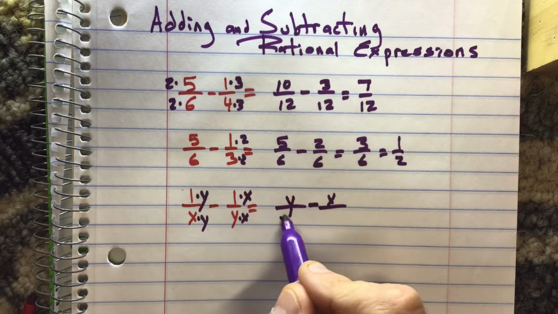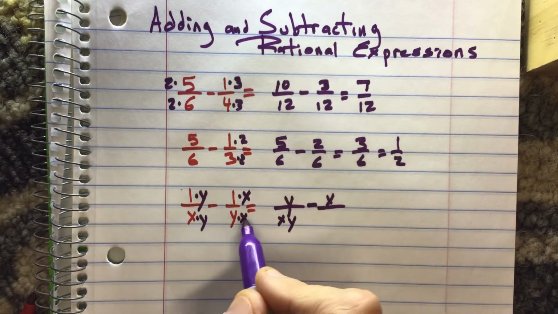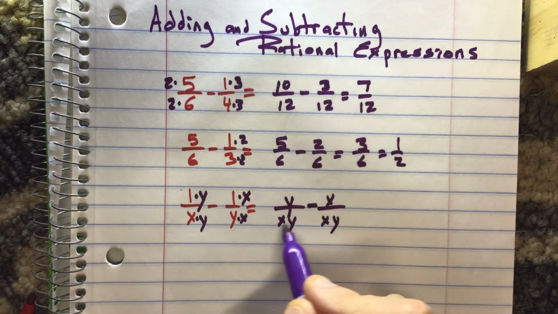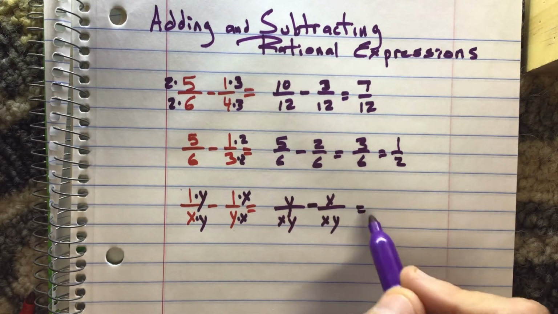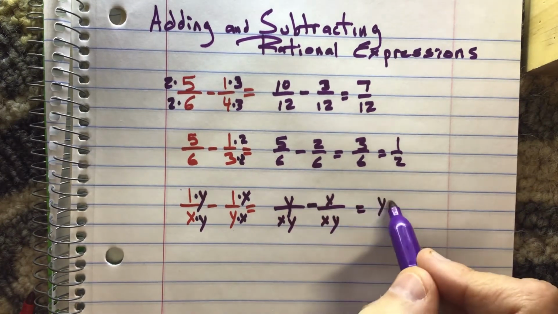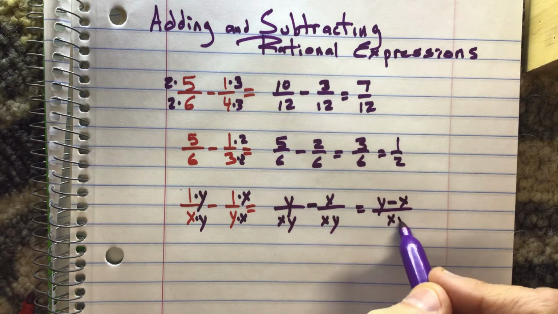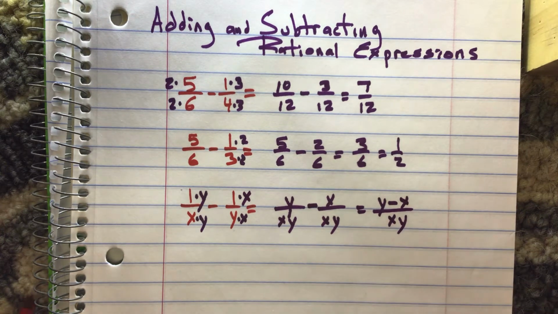The common denominator is xy. It's the same thing, xy, yx. They're being multiplied together. And so now I have y minus x over xy. And that's what the answer would be for fractions like this.